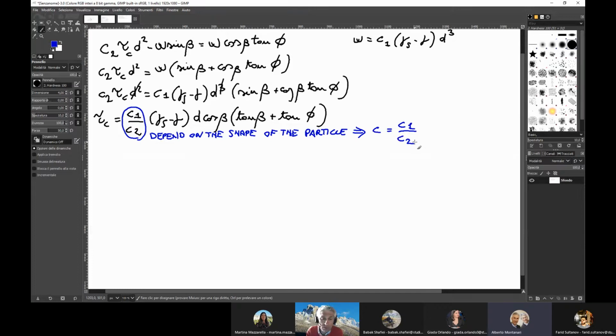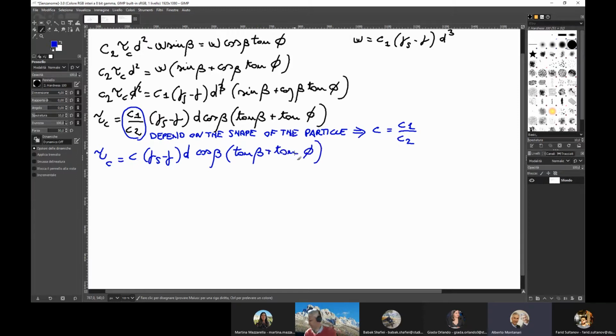It's a third shape coefficient, which results from the combination of the previous ones. And then I can write the resulting equation in this way. Tau C is equal to C, gamma S minus gamma D, cos beta, tan beta plus tan phi.